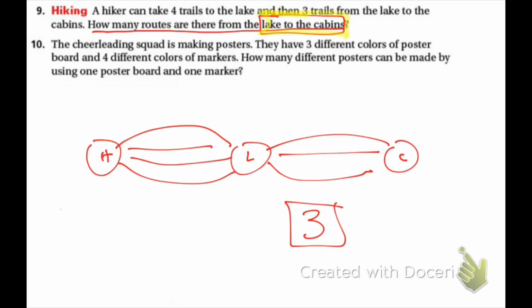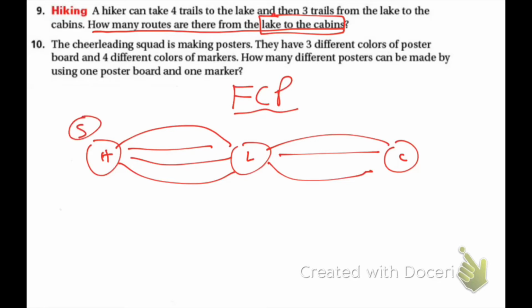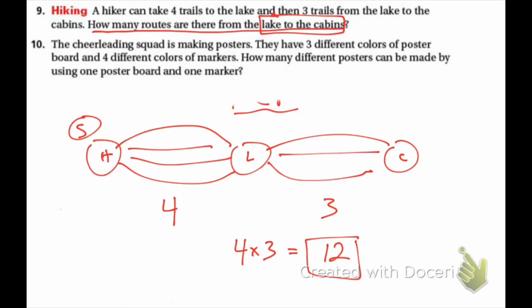It's not a great question, but what this question is actually asking for is using the fundamental counting principle to find the number of routes from the start of the hiker's journey to the cabin. So we have 4 routes here, 3 routes here, multiply them together to get 12 different routes. And that's the answer to the question in the book. All right, number 10.